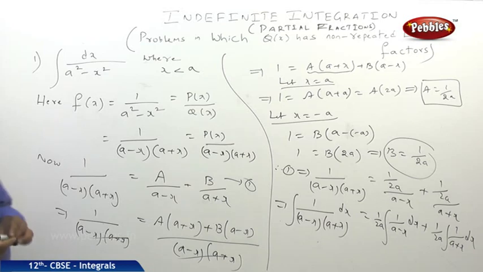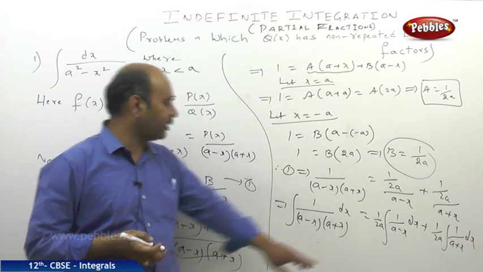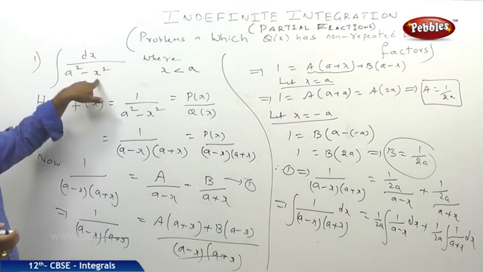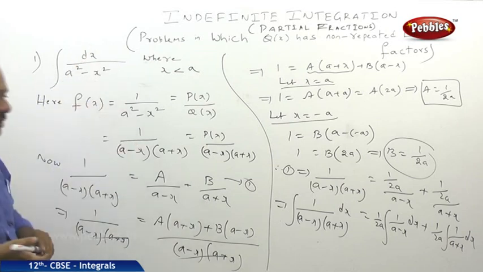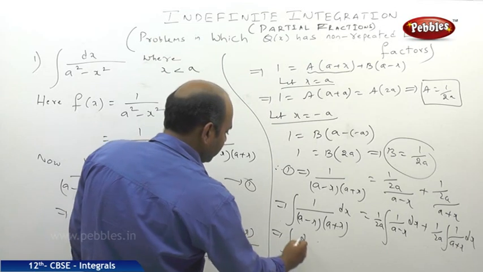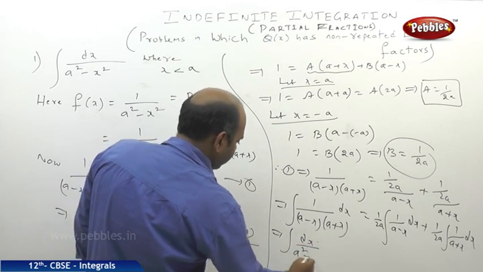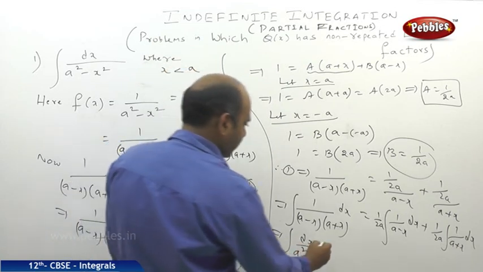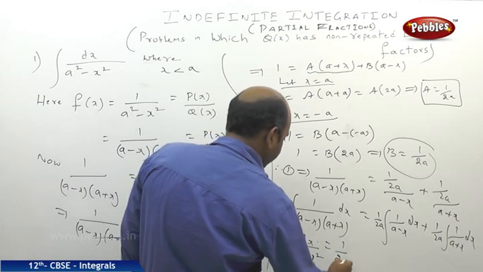So 1 by (a minus x) into (a plus x) dx means dx by a square minus x square only.